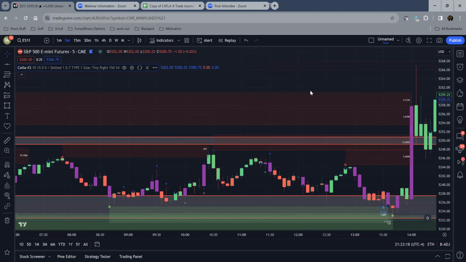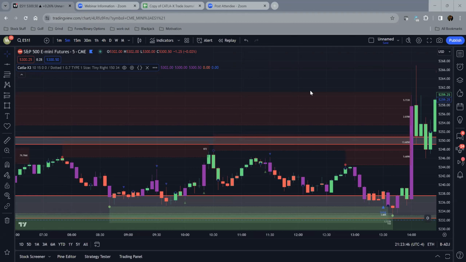I typically do it before I go to bed at night, whatever time before I'm getting ready to go to sleep. Then before I actually start trading, I'll go back and see if any new zones have been formed from the time I marked them before bed until right before I trade.